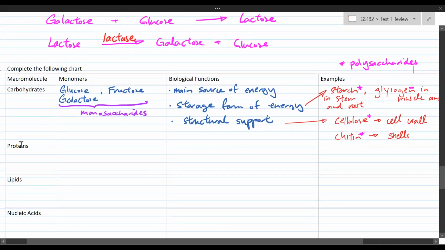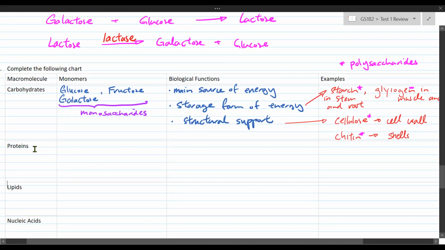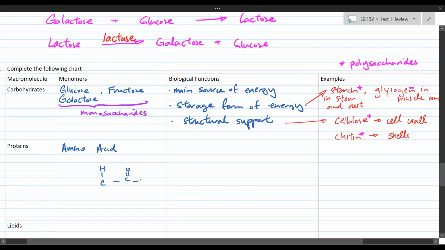Next, we have proteins. The monomer for protein is amino acid. So an amino acid looks like this. You should recognize an amino acid when you see one. You don't have to draw it, but you have to recognize it.